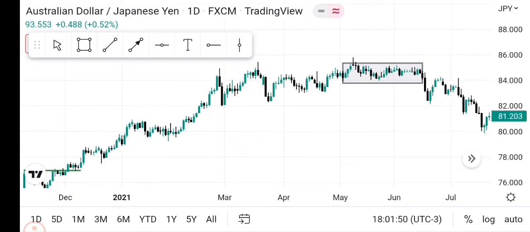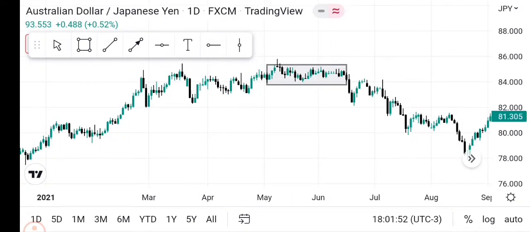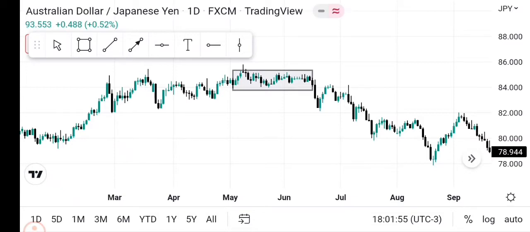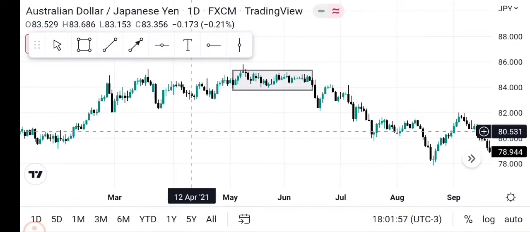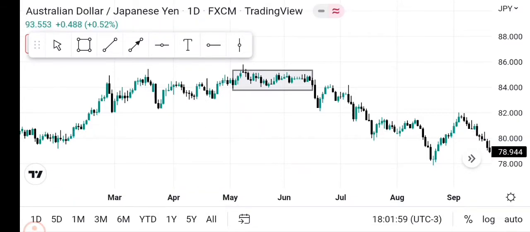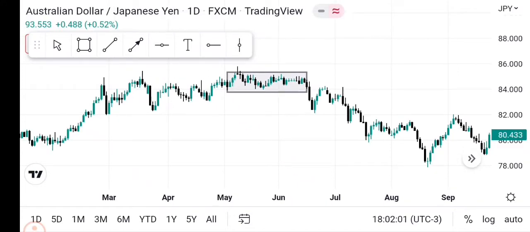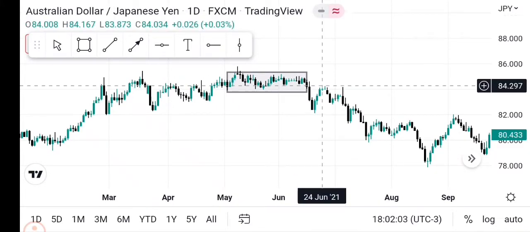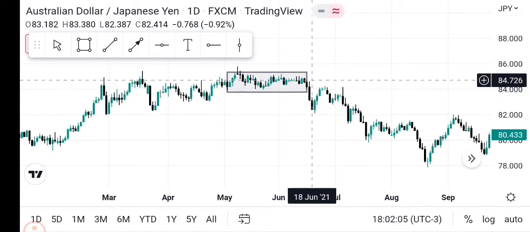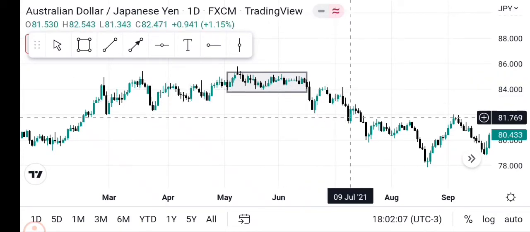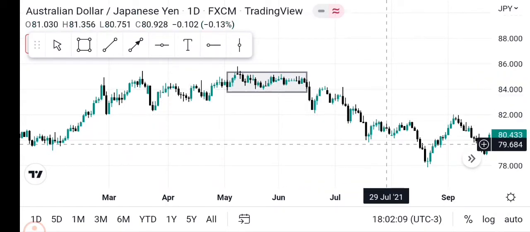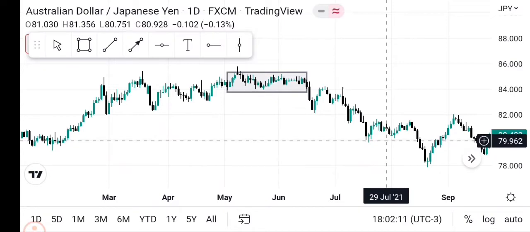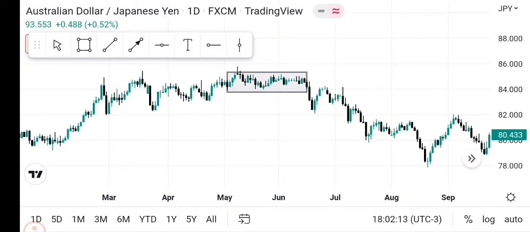Now let's progress further. Now folks, the market from this zone, after that consolidation, shifted into a bearish structure. And on that bearish structure, this is what we have.